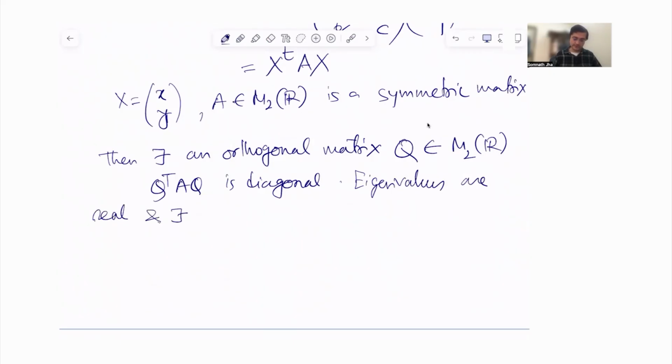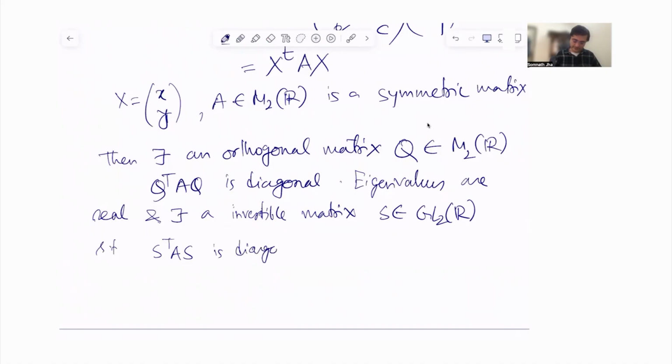There also exists an invertible matrix, let's say S in GL2(R), such that S transpose A S is diagonal and has entries plus or minus 1.